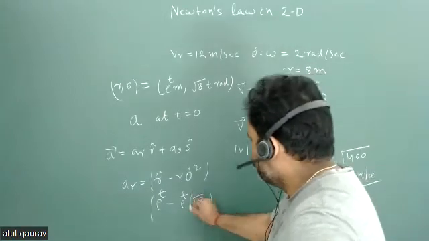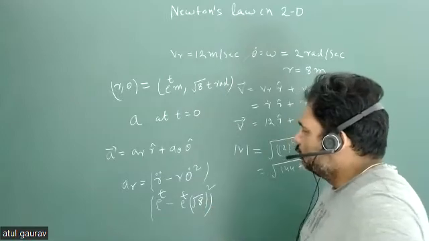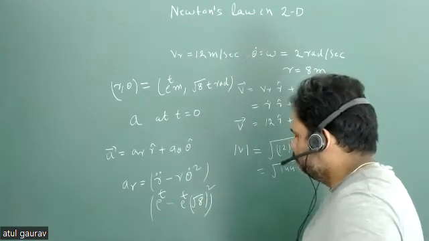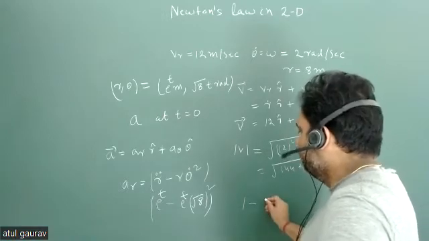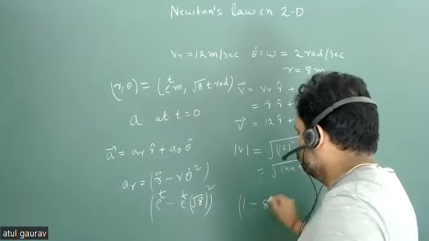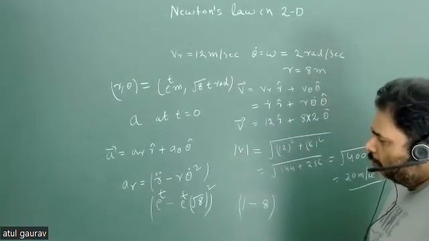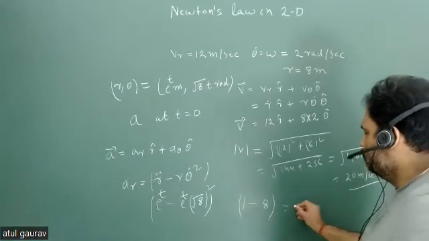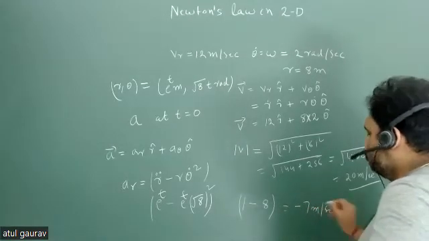Sorry, this will be theta dot square. So what will this value be? 1 minus 8, isn't it? So that value is minus 7 meter per second square.